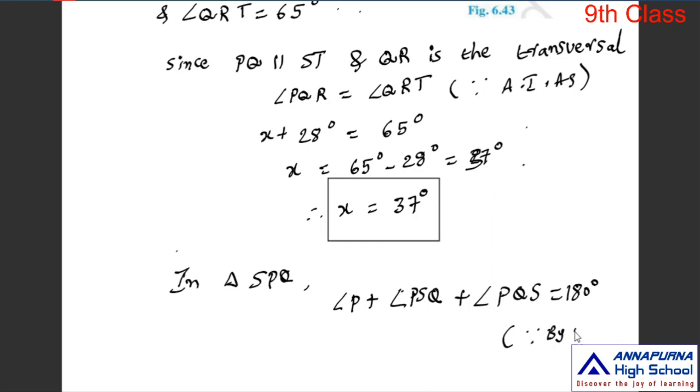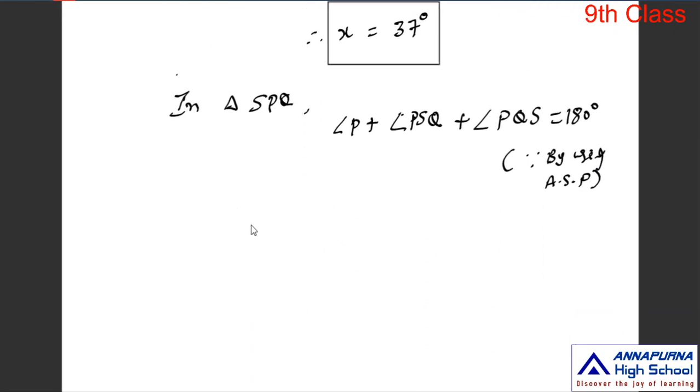By using ASP, which means angle sum property, substitute angle P is equal to 90 degrees, plus angle PSQ is equal to y, plus angle PQS is equal to x, is equal to 180 degrees.